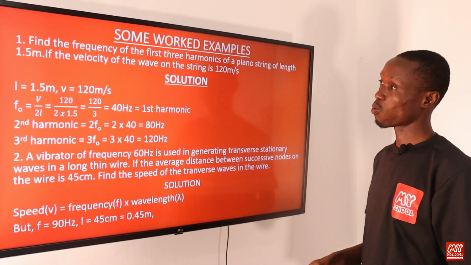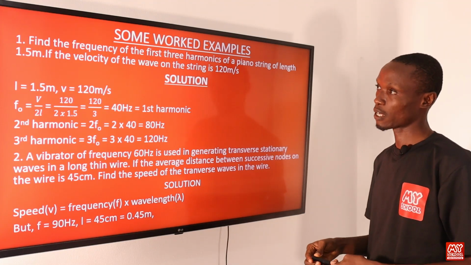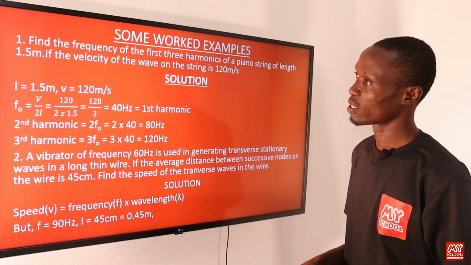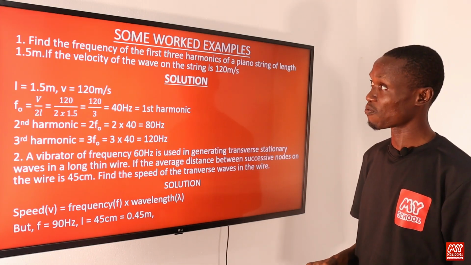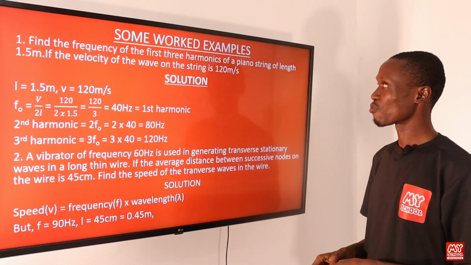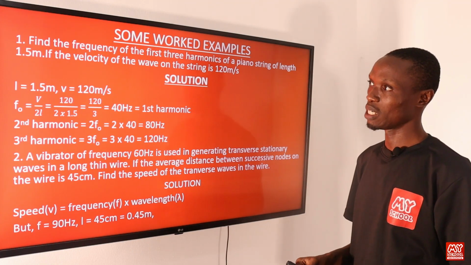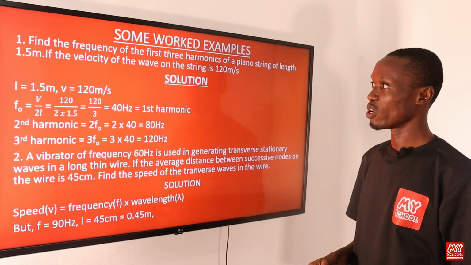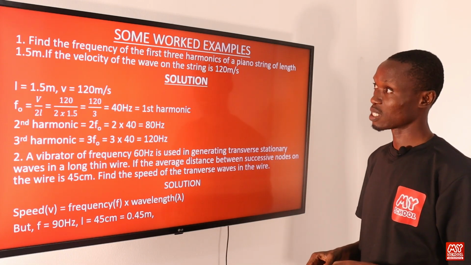Here are some worked examples for us to test everything we have said. Let's begin with the first one. Find the frequency of the first 3 harmonics of a piano string of length 1.5 meters if the velocity of the wave on the string is 120 meters per second.